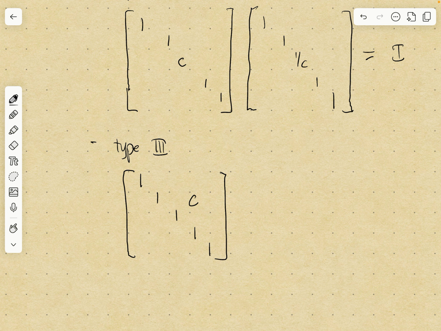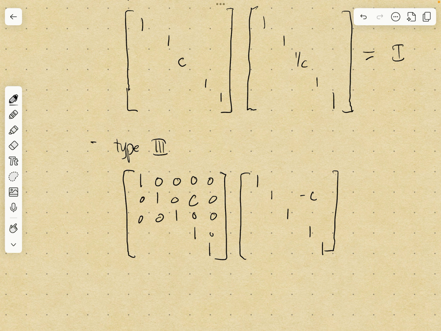And you can check that this matrix has an inverse. You just change the C to a negative C and then multiply it out. Because the C is in a kind of odd spot, maybe I'll put zeros just to indicate the location. The C is in the 2, 4 entry. And the same for the negative C.